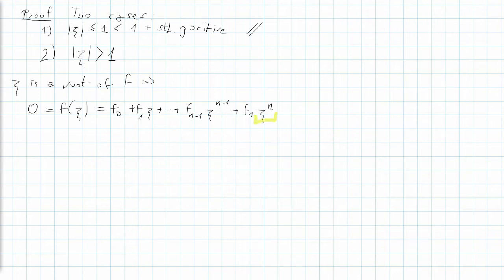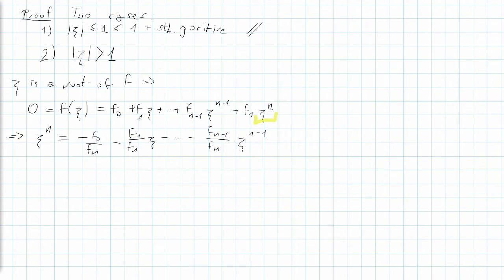So we can write the nth power of psi in the following way: the nth power of psi is minus f0 over fn, minus f1 over fn times psi, minus and so on, minus fn minus 1 over fn times the n minus first power of psi.